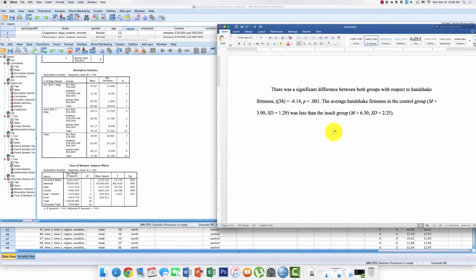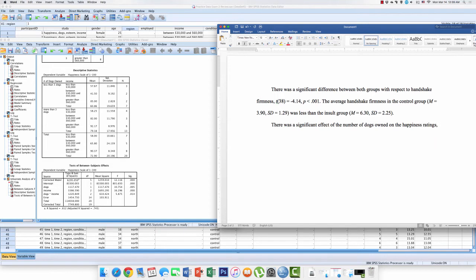I'm just going to include some stuff as an example. So we see that in our ANOVA that the main effect for dogs is significant. So we're going to put there was a significant effect of the number of dogs owned on the happiness ratings.